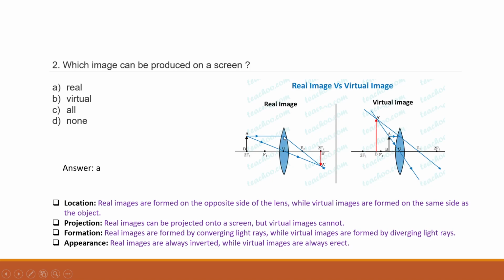Here, from the lens, the rays are converging. Here, the rays are diverging out from the lens, and then at this point it is formed. The appearance of real images is always inverted, while virtual images are always erect. Here you can see your virtual image is erect, whereas your real image is inverted.